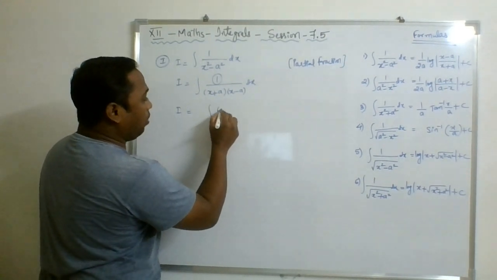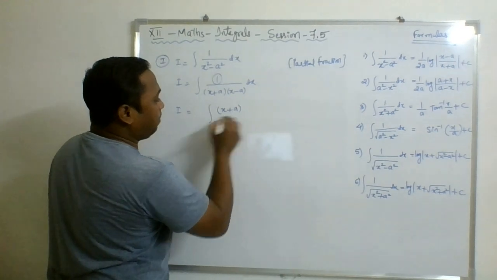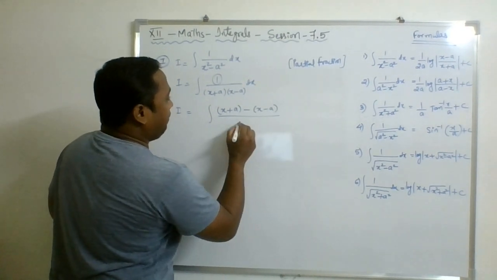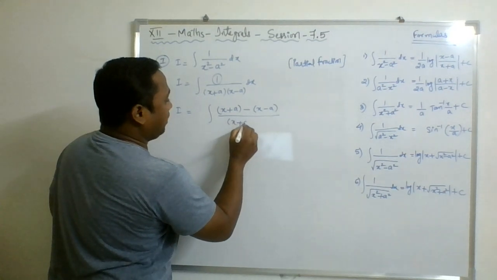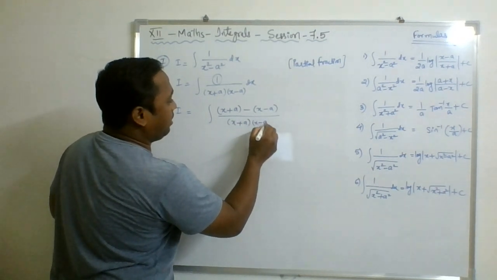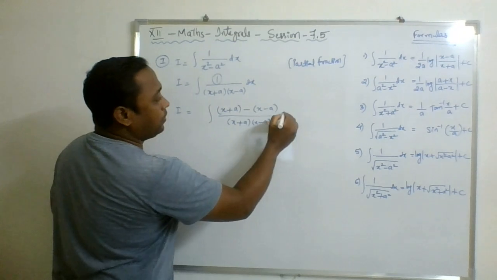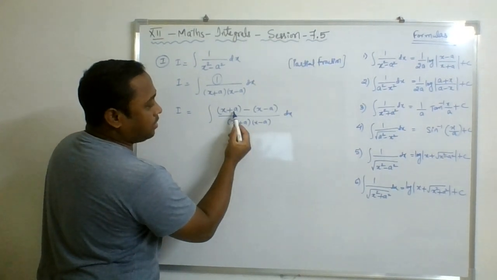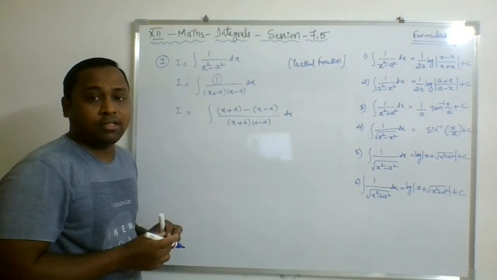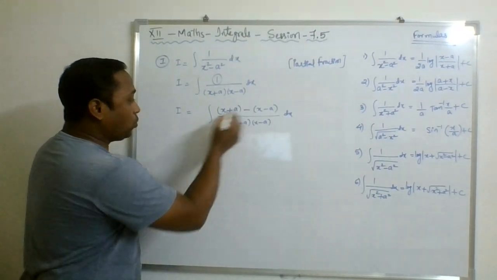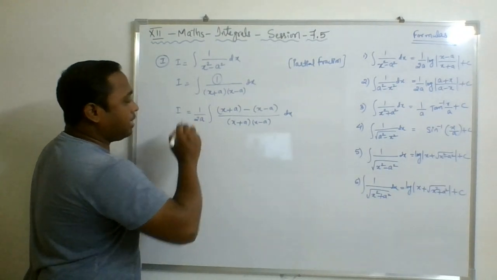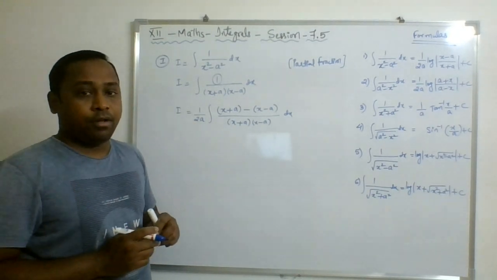So what I can do is write x plus a minus x minus a. If I write the numerator in this way, as a difference of these two factors, you will see minus x plus x get cancelled, a plus a, 2a, a constant, is left. So to balance the quotient, I need to divide by the same 2a.